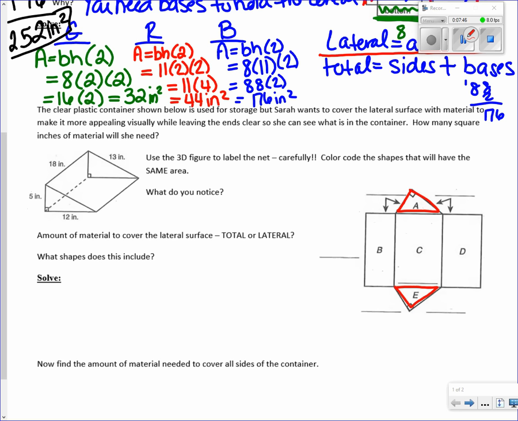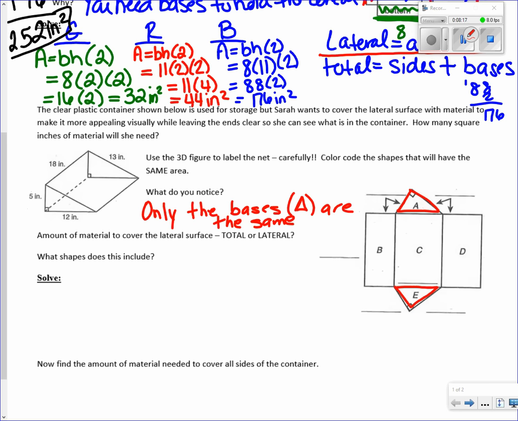So what do we notice? The bases are the same. And those are the triangles, right? Each of these rectangles has a different measurement. So we're going to use our net to figure out what those measurements are.